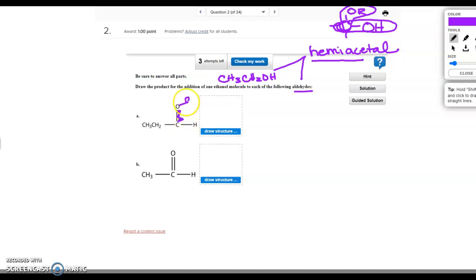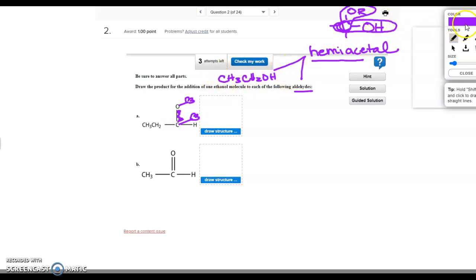And then here's my jazz hand, and my carbon also ends up with a jazz hand. So essentially I lose the double bond, and then I have an opening on both the carbonyl carbon and the oxygen to bond to something. What does the oxygen jazz hand grab, and what does the carbon jazz hand grab in terms of my alcohol?